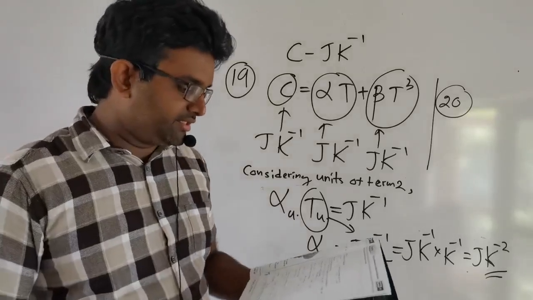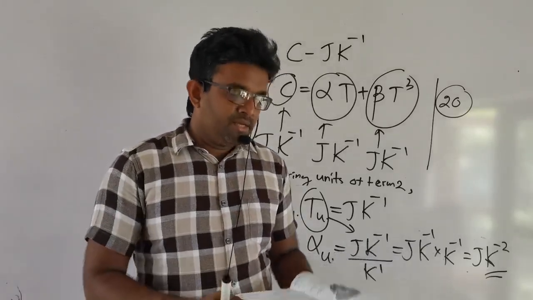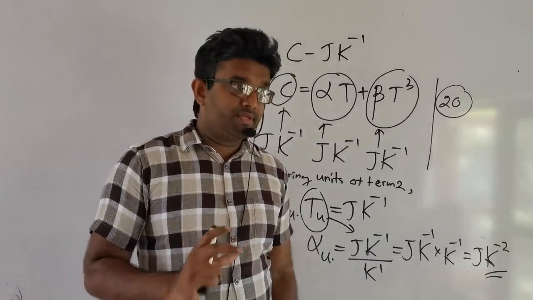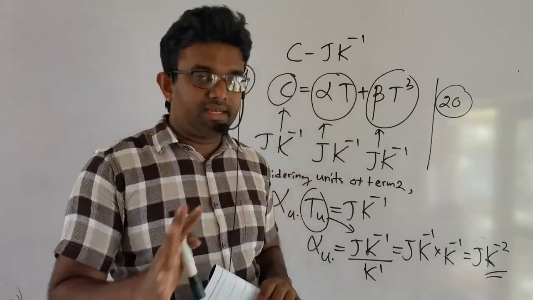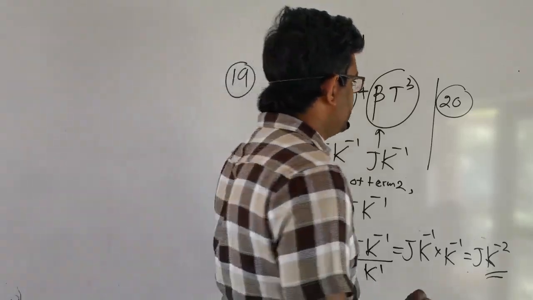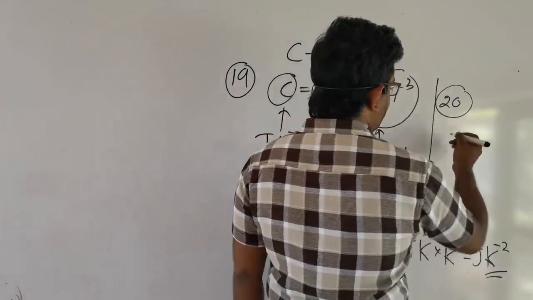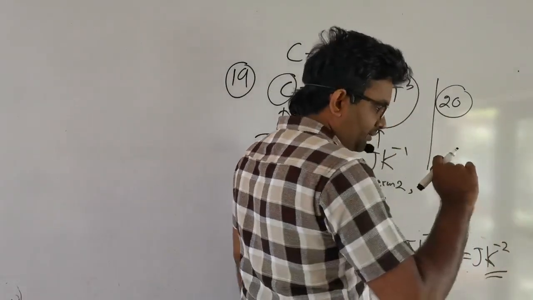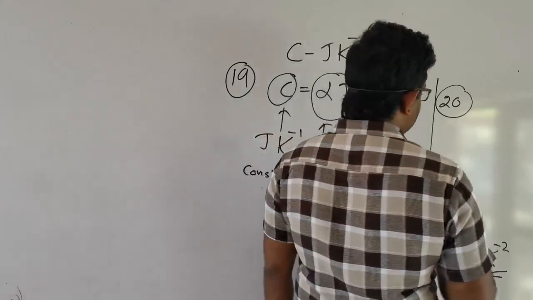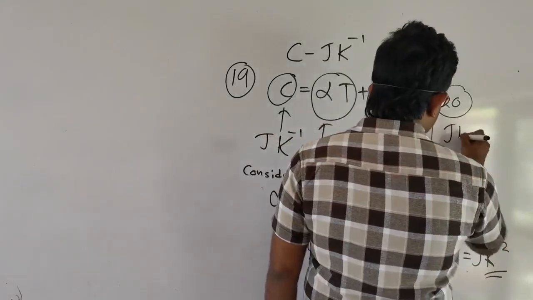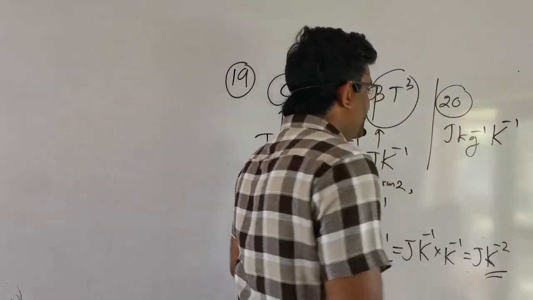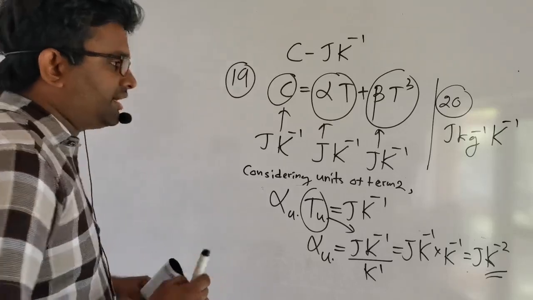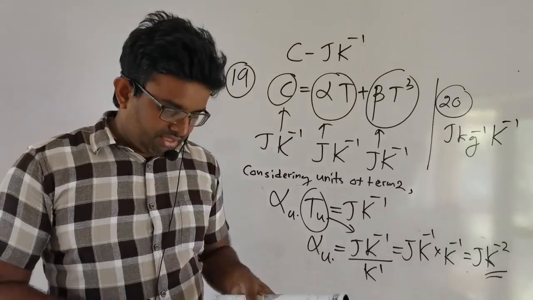So underline that specific heat capacity. Heat capacity and specific heat capacity are two different things. So write down the unit of specific heat capacity: joules per kilogram per Kelvin. Using that you can find the answer for the given question.